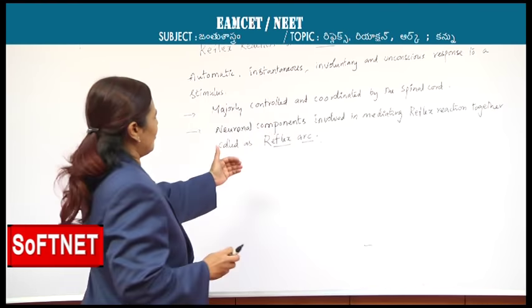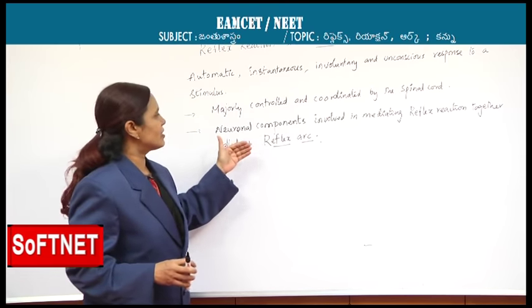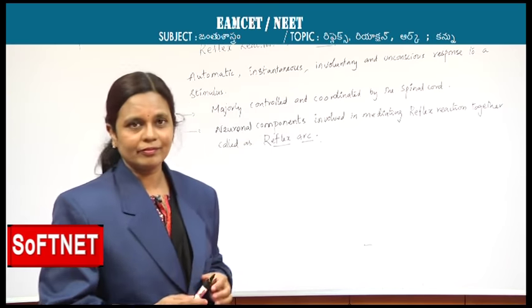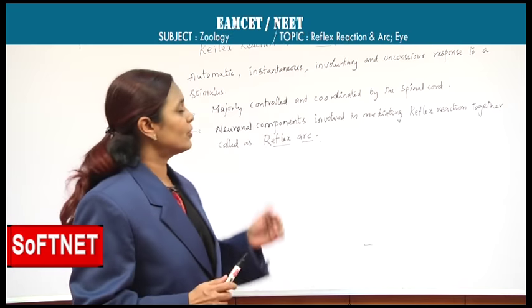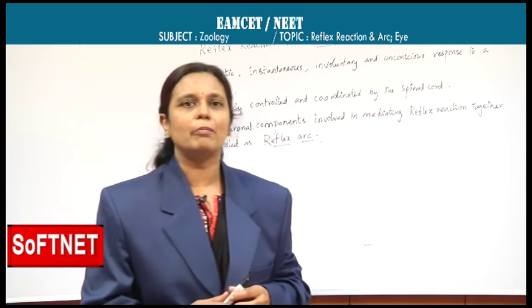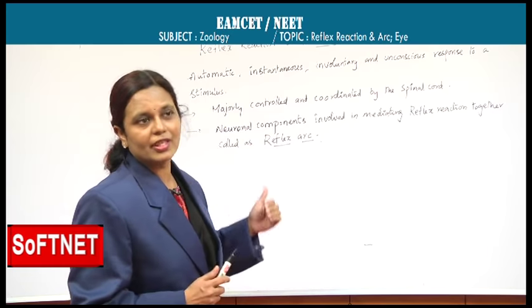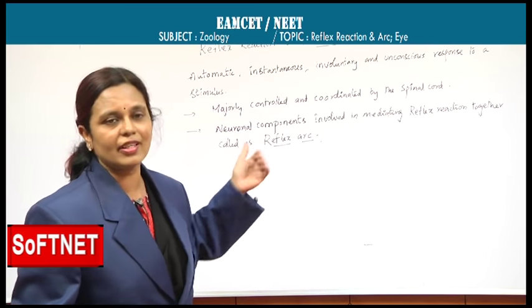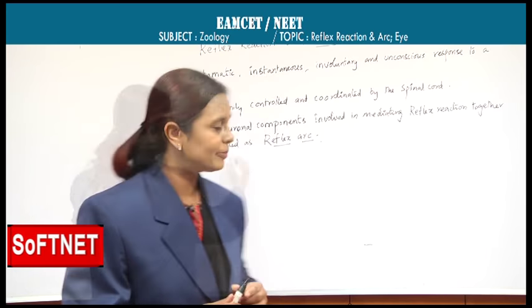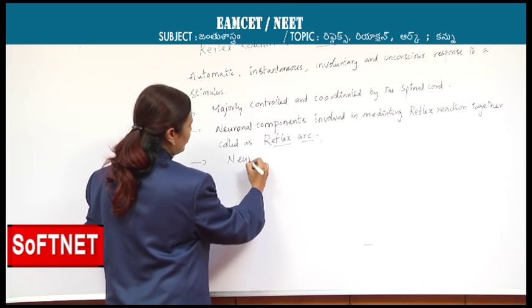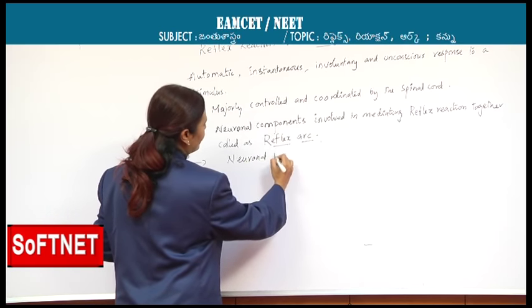Then what does this reflex arc exactly mean? It is nothing but a pathway. It is a pathway for the transfer of nerve impulse in bringing about a sudden and instantaneous response to a stimulus. It is a neuronal pathway.